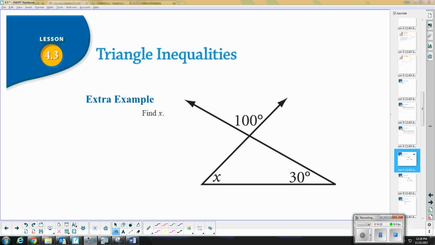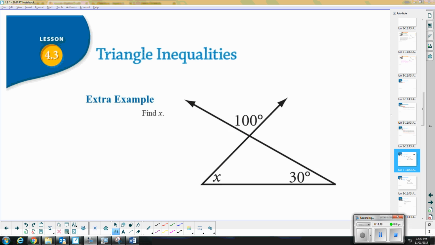So try to always apply exactly what you've just learned to these extra examples. All right, so in 4.1, we had that triangle sum conjecture. So you can use that here, or you could use a linear pair conjecture to get your exterior angle. So either one of those will work.